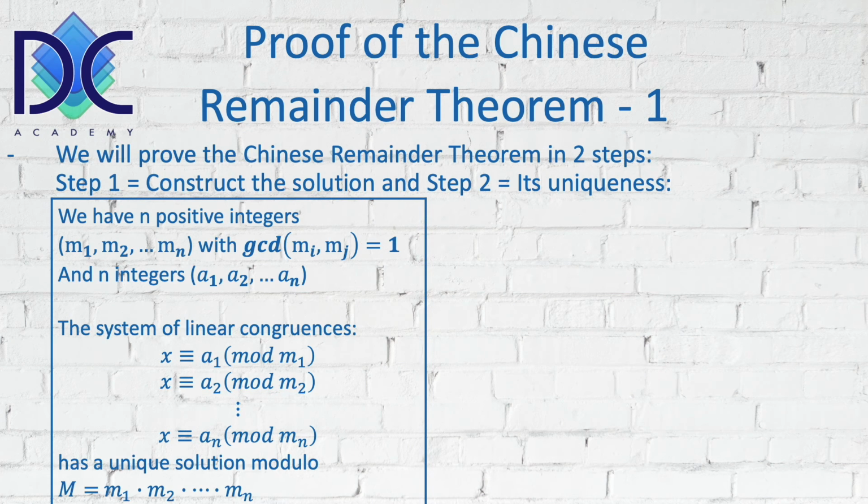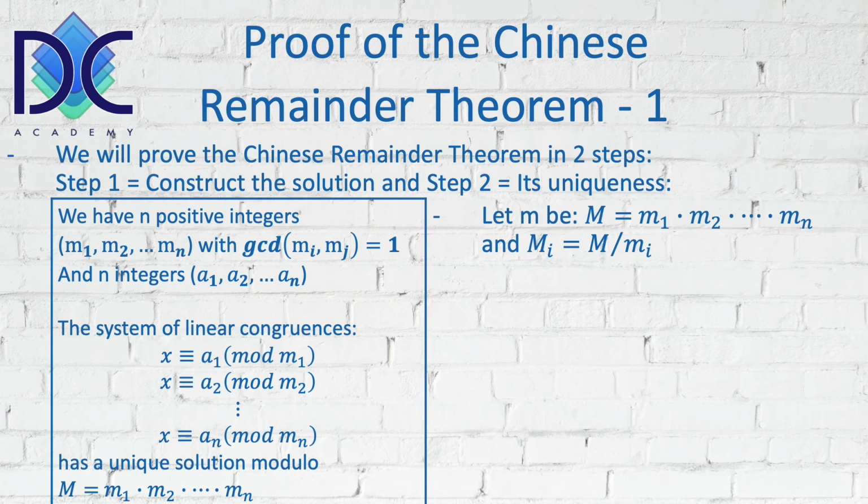So the first step is that we define capital M, which is the product of m1, m2 up to mn. And then we define capital M index i, which is equal to M divided by mi. So when we look at capital M1, it's the product of m2 up to mn.